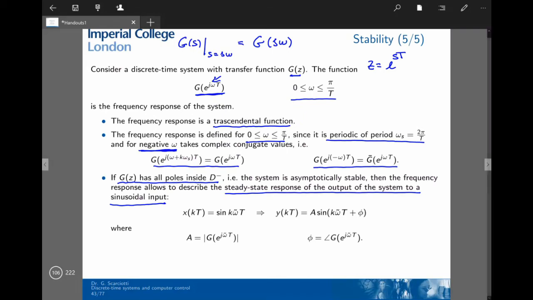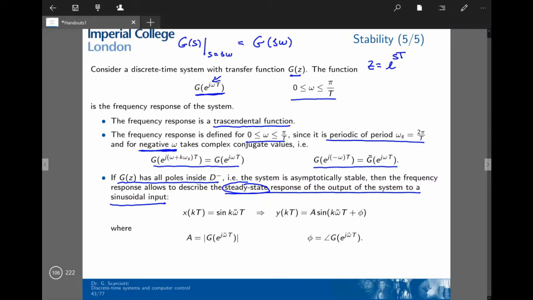I will talk better about the steady-state response in the next lecture about performance, but basically the steady-state response is the behavior of the system for a large value of time. So when k is very large, the system behaves in the following way.